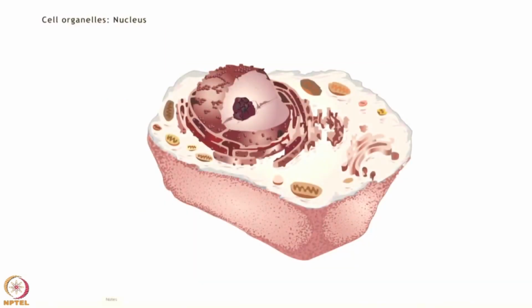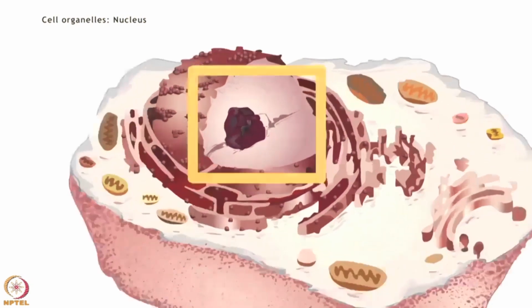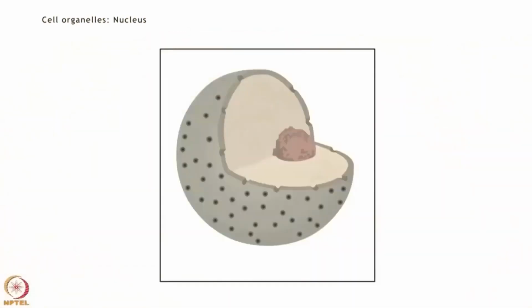The nucleus is a membrane-bound organelle found in eukaryotic cells that is often considered the control center of the cell. It houses the genetic material of the cell in the form of chromosomes containing DNA molecules complexed with proteins known as histones.